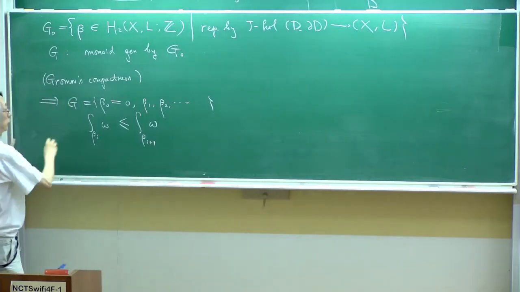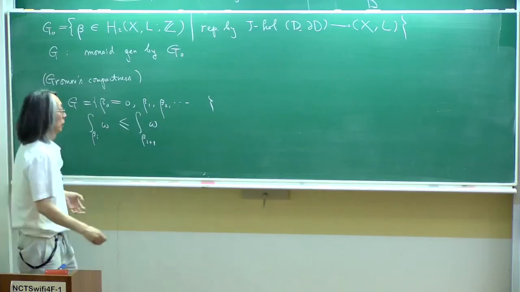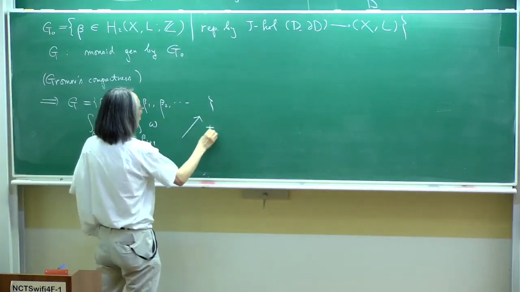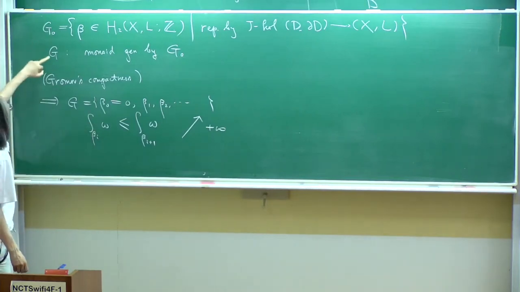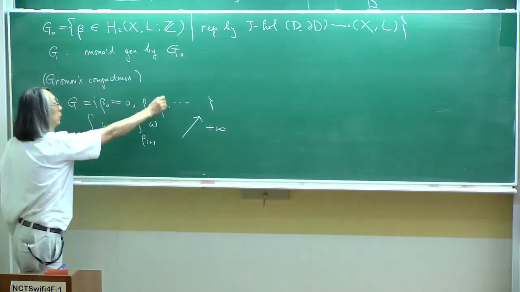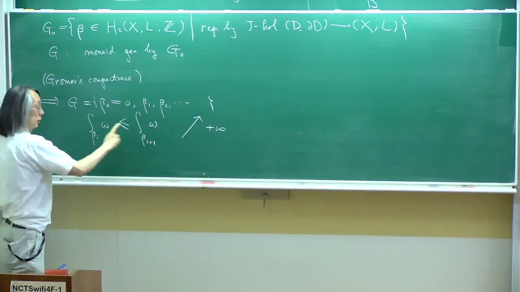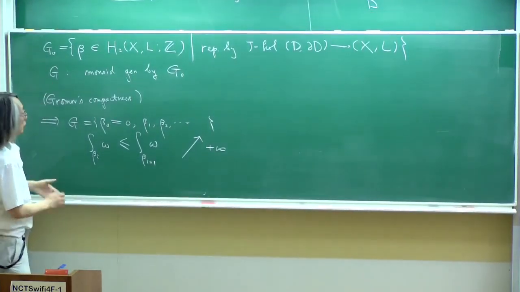So the symplectic area is weakly increasing and diverges to infinity. So take this G as a monoid generated by G0, and then you can order them so that they satisfy this property. If it is empty, certainly we don't have anything.